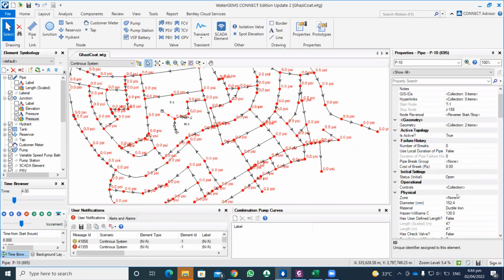I will make this a rising main. Basically, this is a rising main providing water to the tank, and then when the pump turns off, it starts draining in order to fulfill the demand.